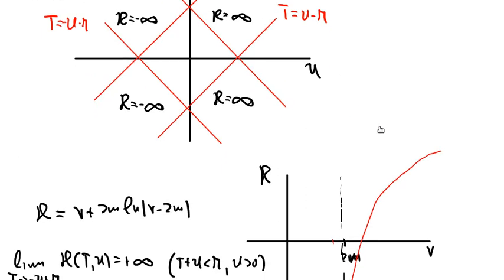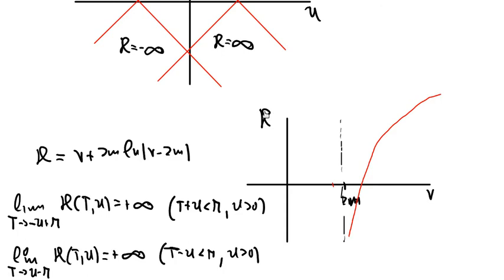But now I have to take this graph and add the remaining part of the curve which I deleted before. Now I can delete this part because we're assuming that small r is less than 2m.